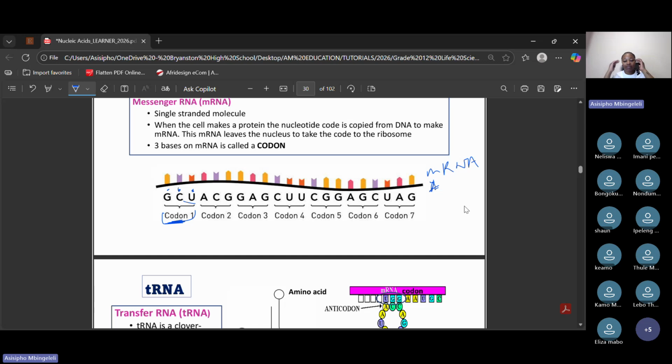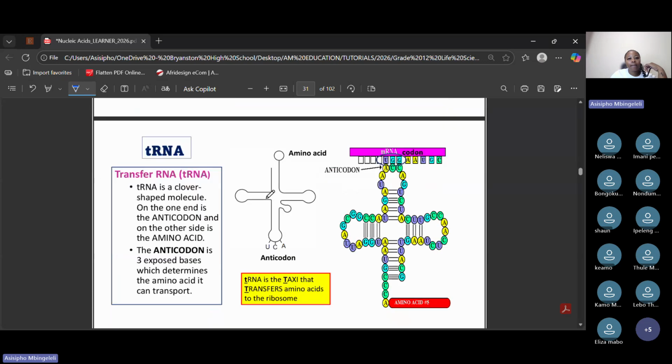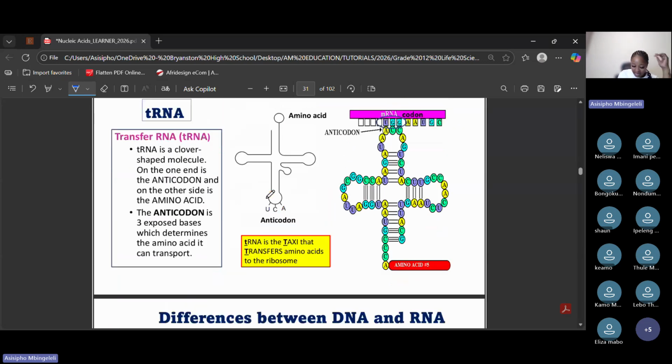So the terminology that is important: 3 bases in a messenger RNA strand, not in any strand, we call a codon. And when we find 3 bases in a transfer RNA strand, we call them an anticodon.